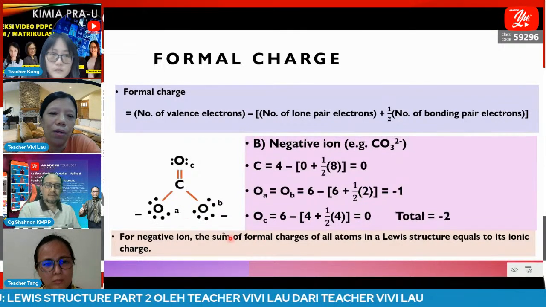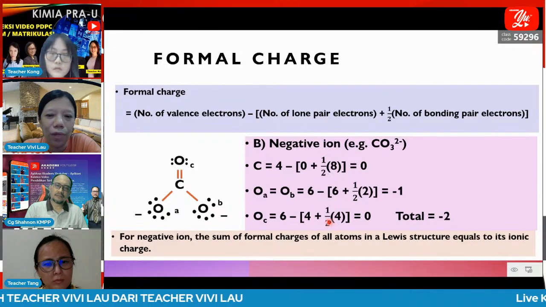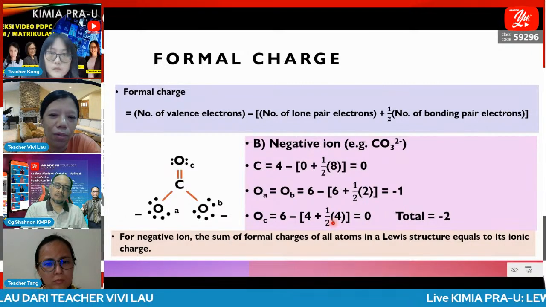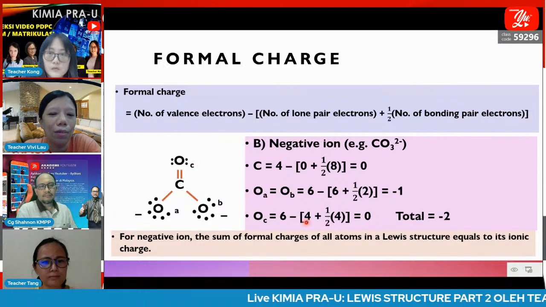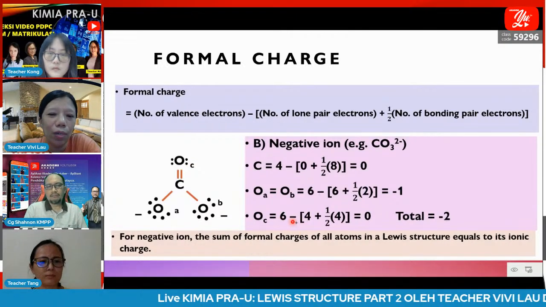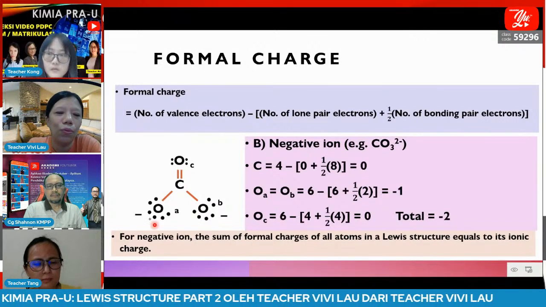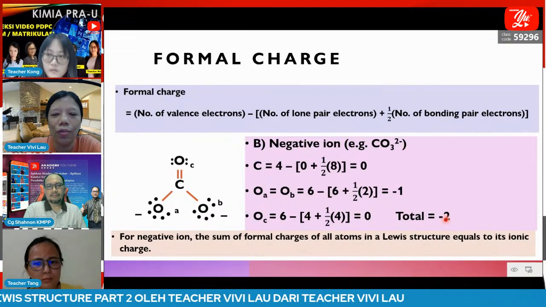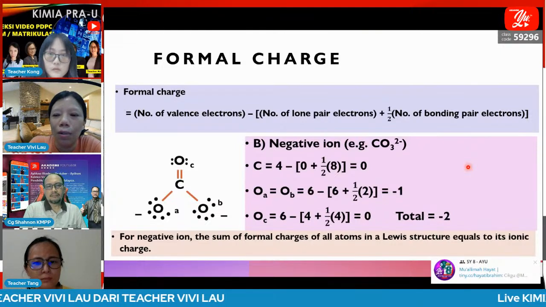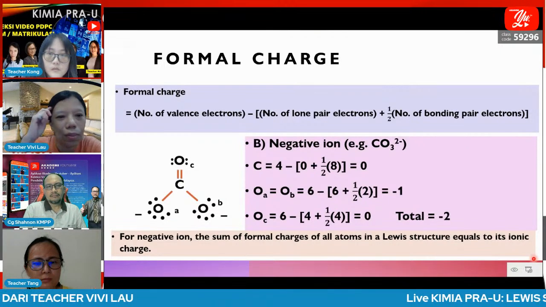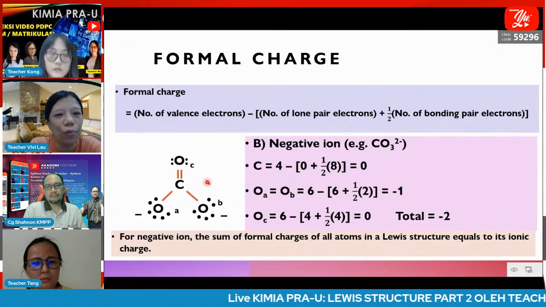Then the double bond for C: half times 4, so 2 plus 4, 2 lone pairs, so 4 here. So 6 minus 6, 0. So you have a total formal charge of negative 2. So this is a base Lewis structure for the carbonate ion.